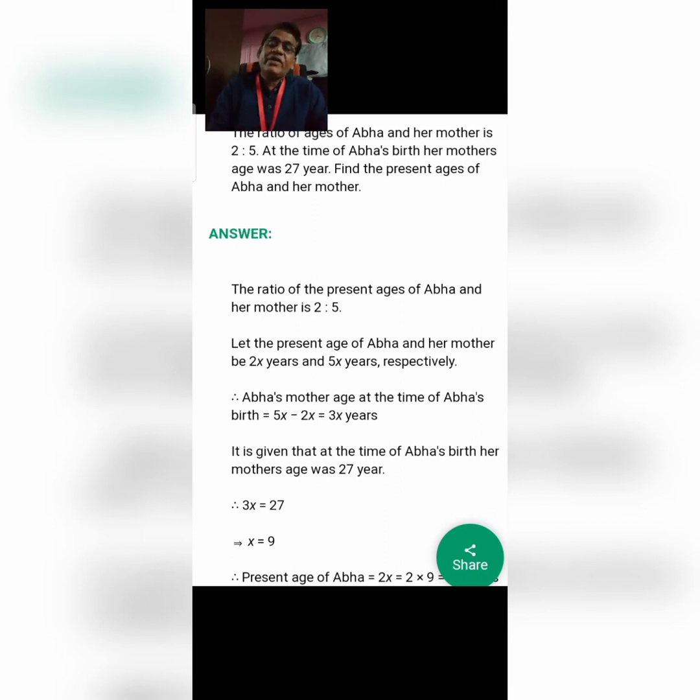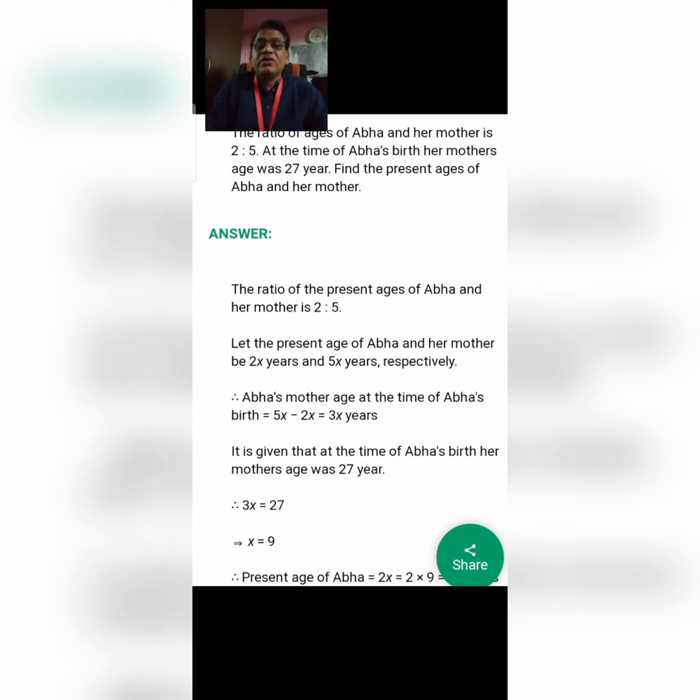See, the relation between ages of Abha and her mother is given. The ratio of ages of Abha and her mother is 2:5. At the time of Abha's birth, her mother's age was 27, means the mother is older by 27 years than Abha.